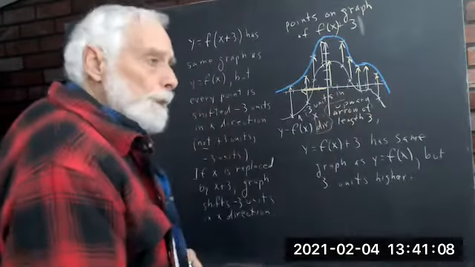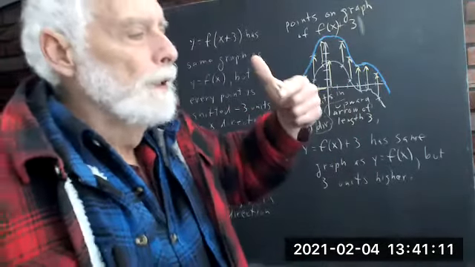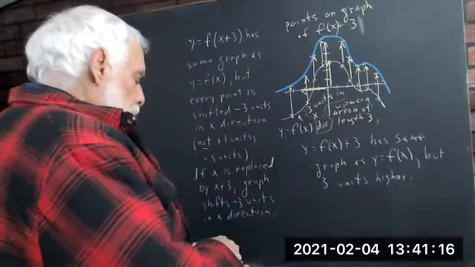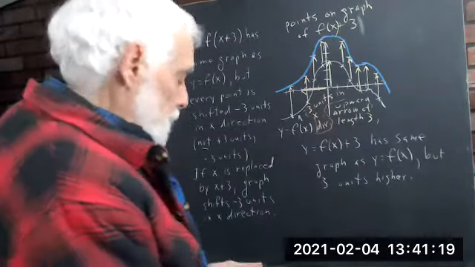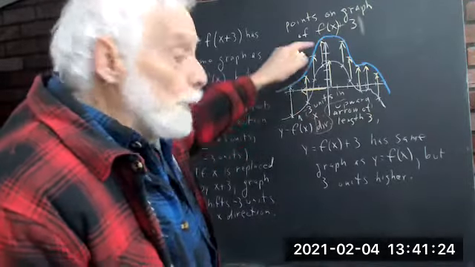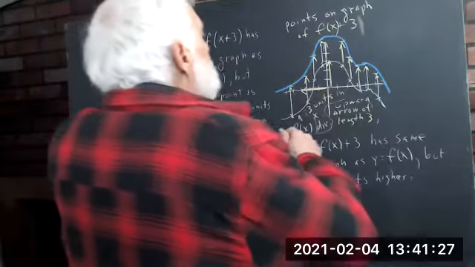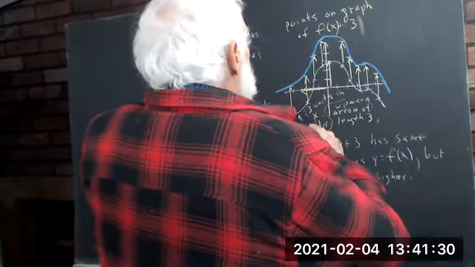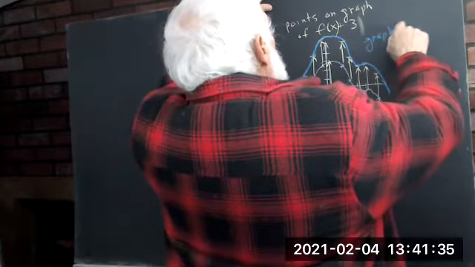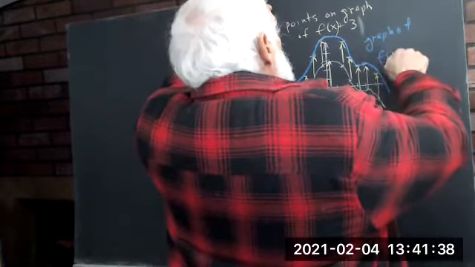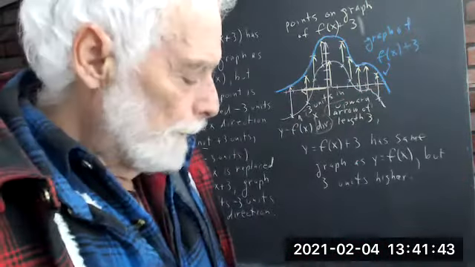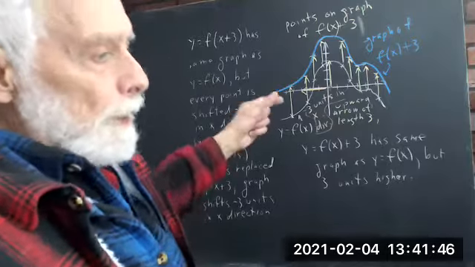So there it is. So in order to get a new graph, the graph of f of the quantity x plus 3, we're going to have to apply this shift to every point. Okay, well, so this blue graph is a graph of f of x plus 3.